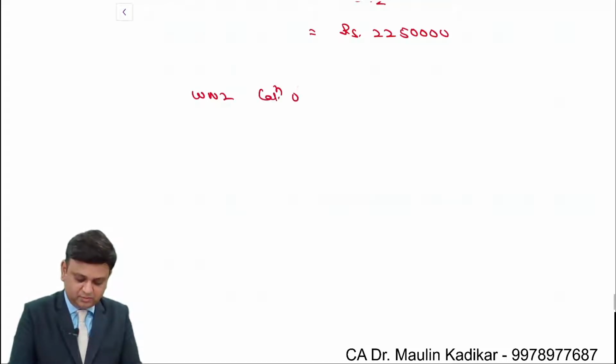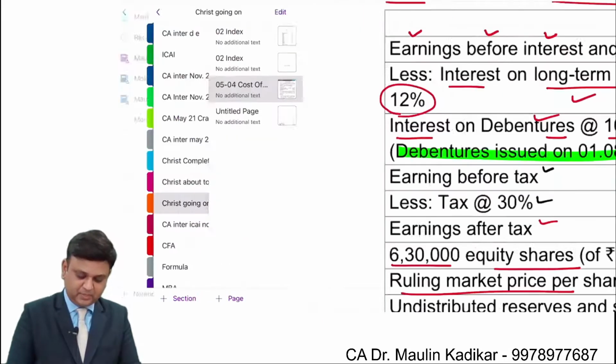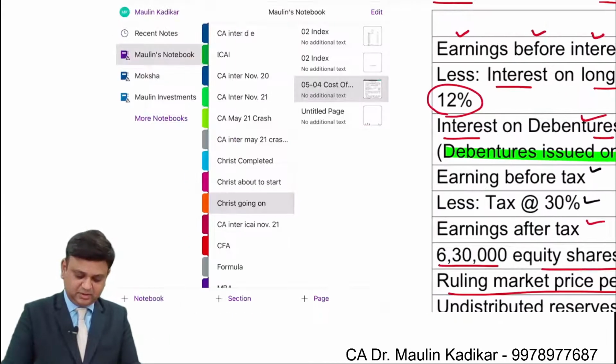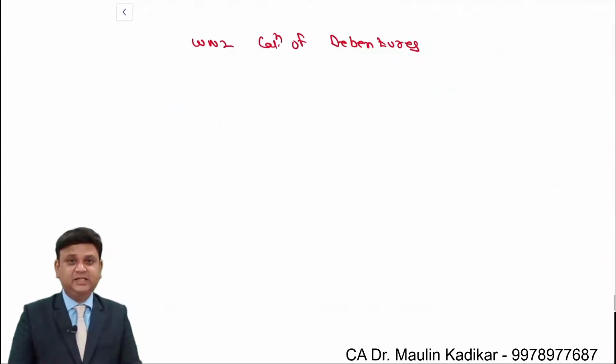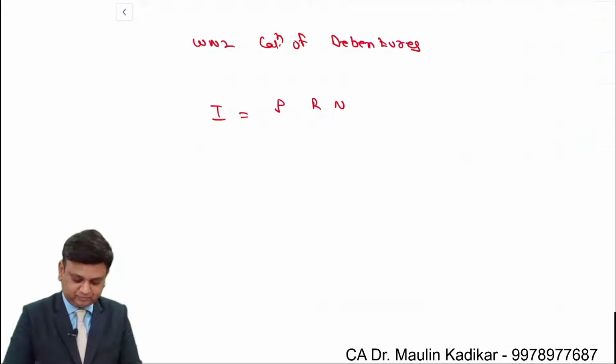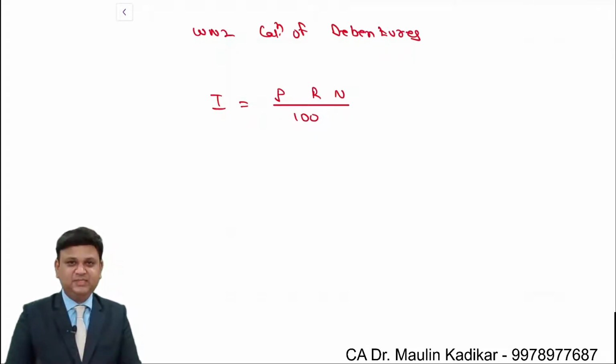Working note number 2, calculation of debentures. For the debentures, here is the information given to us. The answer will be found as I is equal to PRN upon 100. That is the way the debentures will be found.